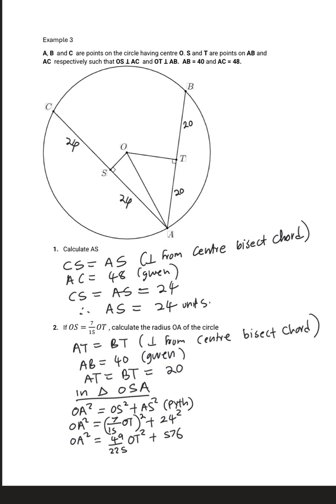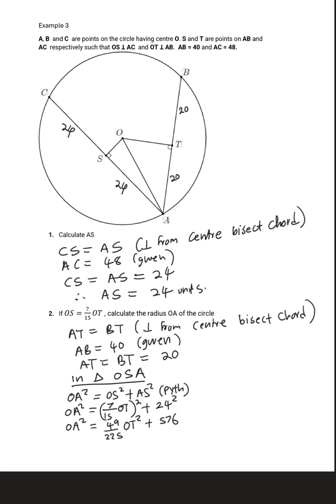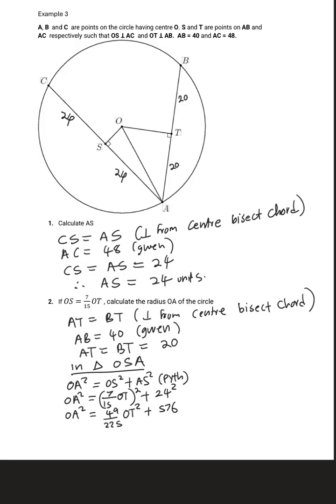And then we have this situation. And then now we're going to say in triangle OAT, we're going to have OA squared is equal to OT squared plus AT squared.